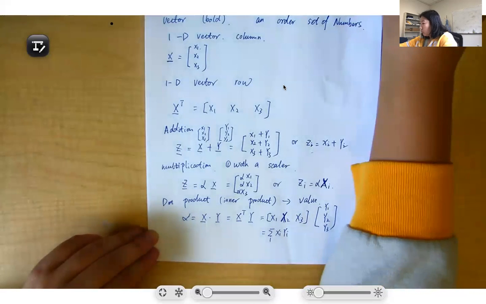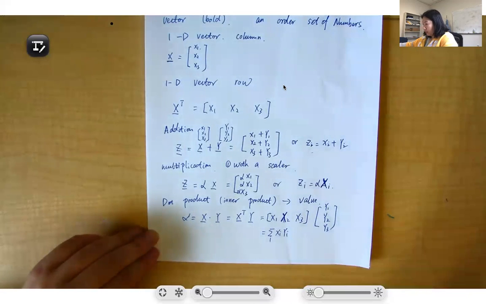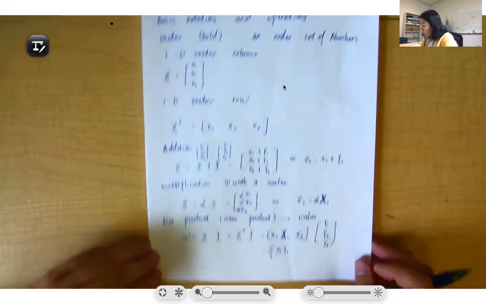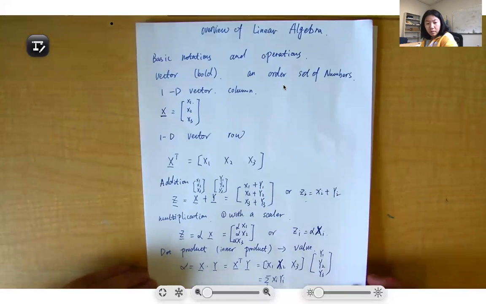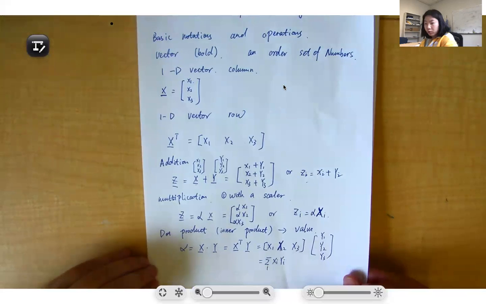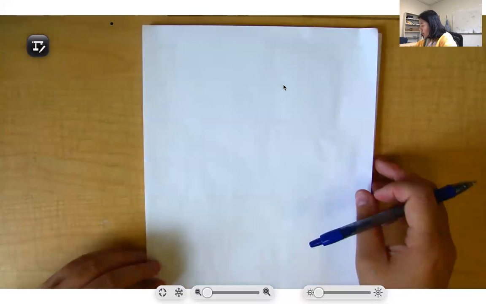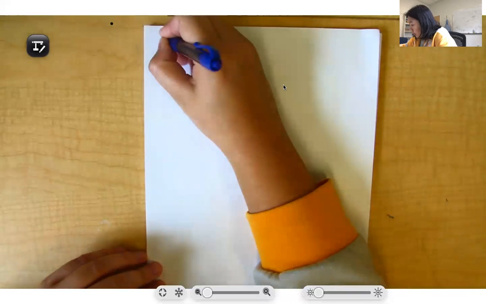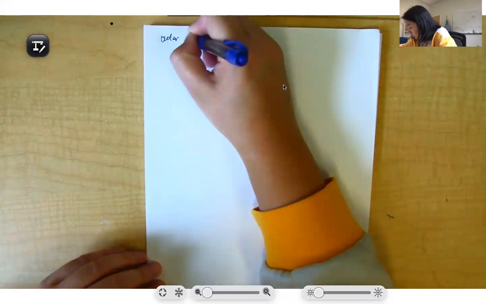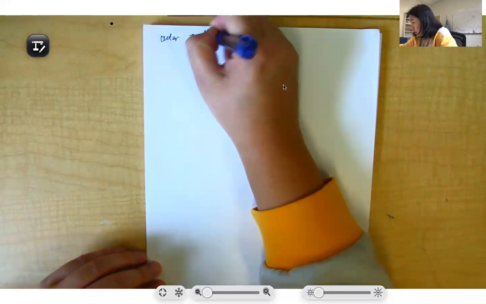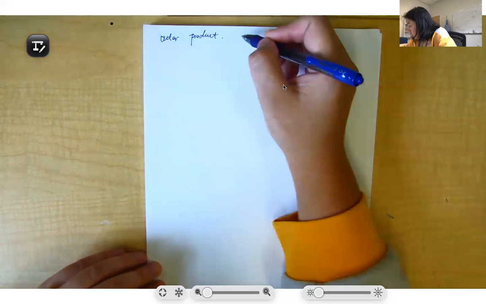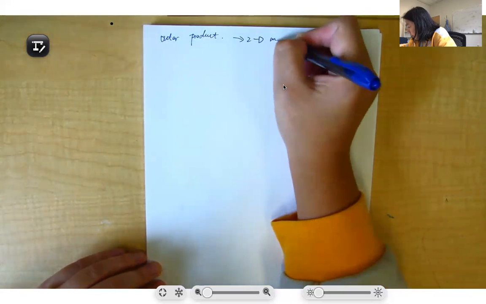You can also do an outer product. That will lead to a 2D matrix instead of a value.